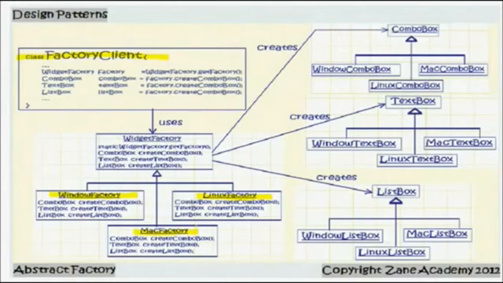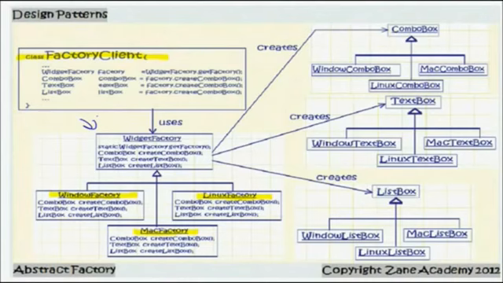Each one of those creates a family of widgets, each one of those families having a specific look and feel. We also have a widget factory, this class, which is an abstract class, and it could have been an interface.